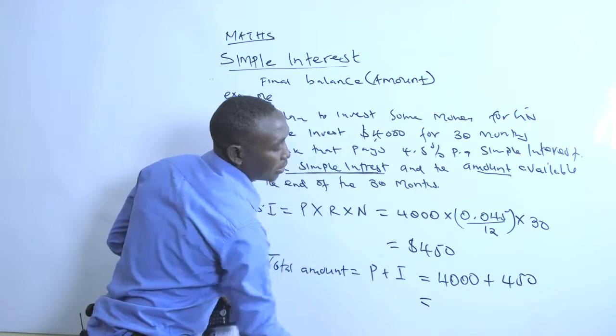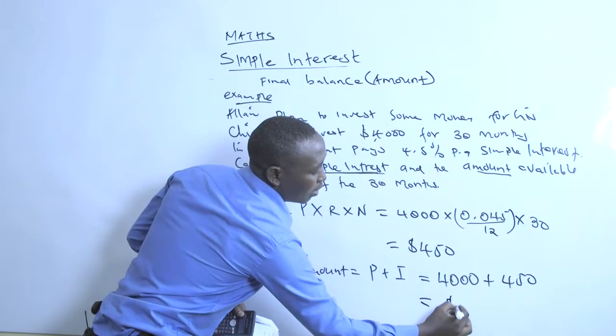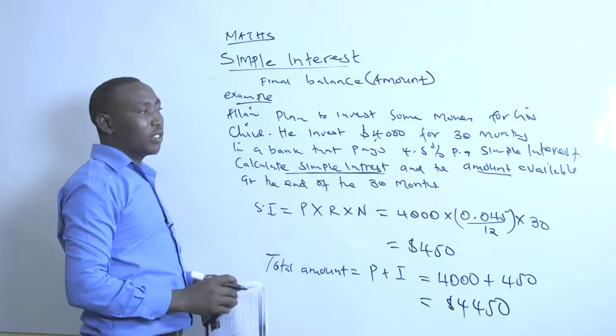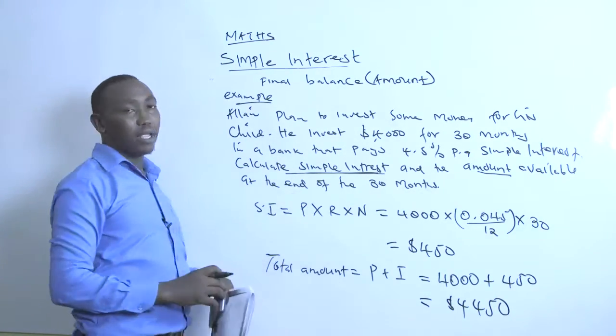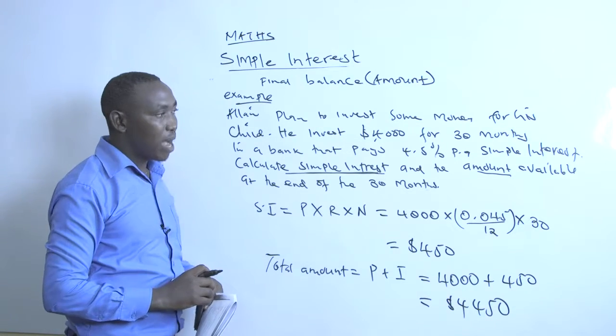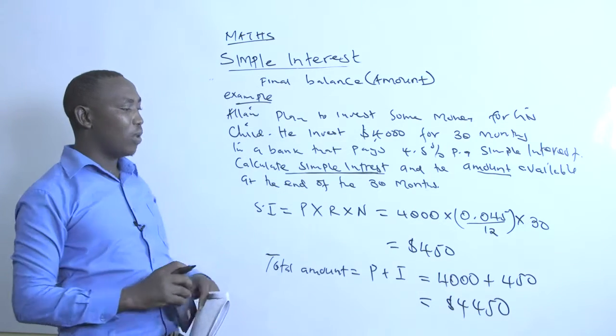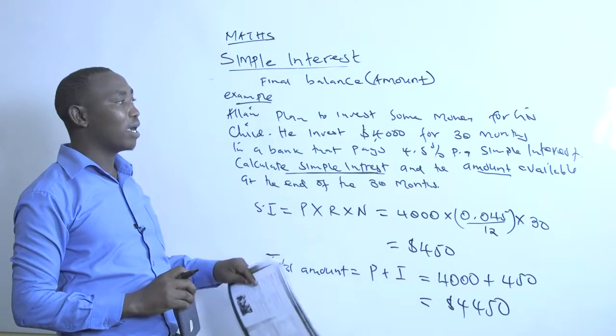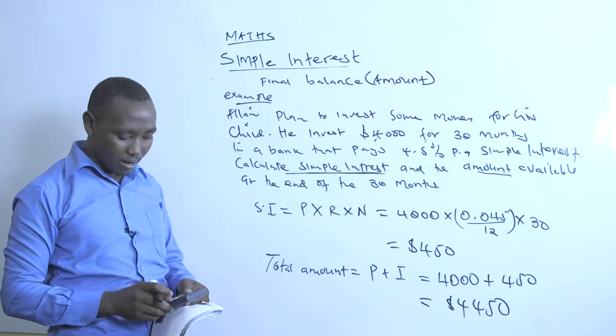So in this particular case, this will give us a total of $4,450. So after 30 months, Alan will have a total of $4,450 in the bank available for the child.